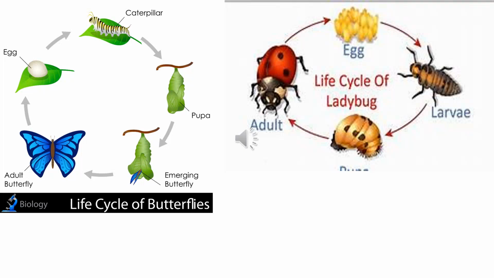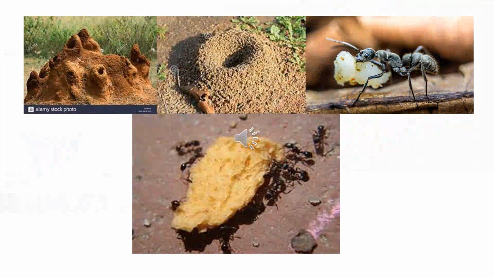The hard shell of the pupa saves the butterfly from outside weather, predators, or any other danger. And inside the pupa, the caterpillar forms tissues, limbs, organs, and wings to transform into a wonderful butterfly.